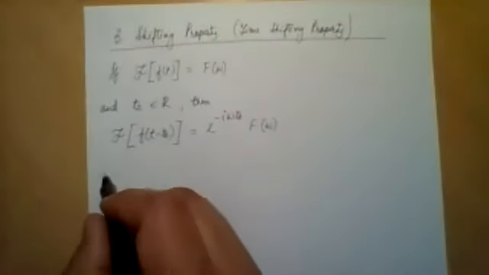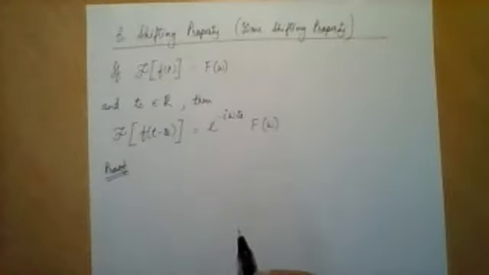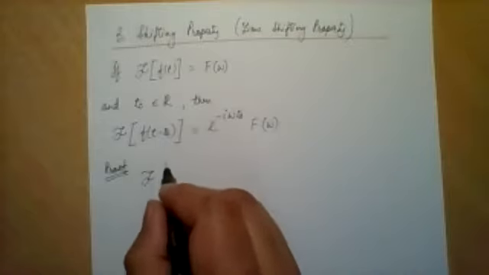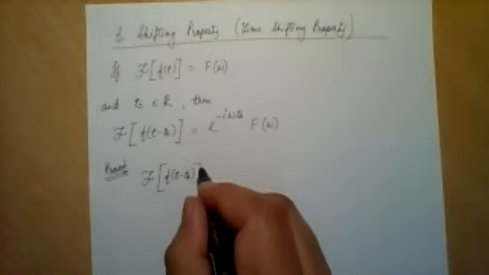Okay, let us prove it. So let us take the Fourier transform of f of t minus t0.